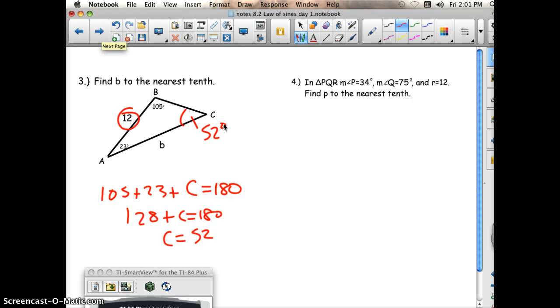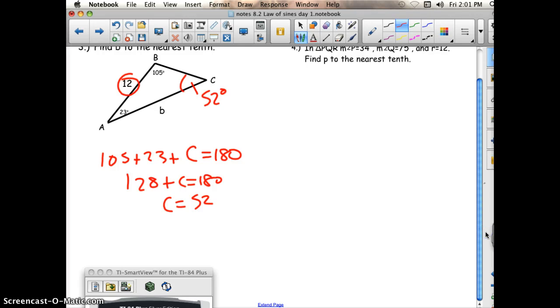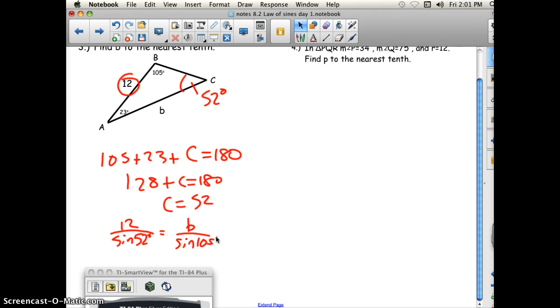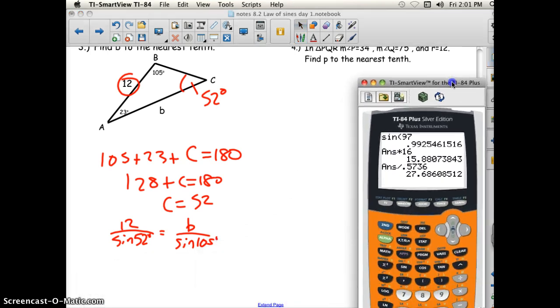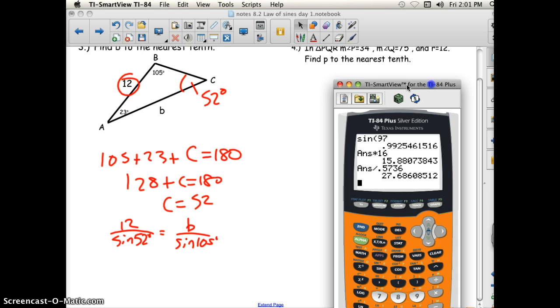I think I'm ready to set up my equation. I can have, let's see, 12 over the sine of 52 is equal to, now I can do little b over the sine of 105. All right, let's see, I'll put that there.